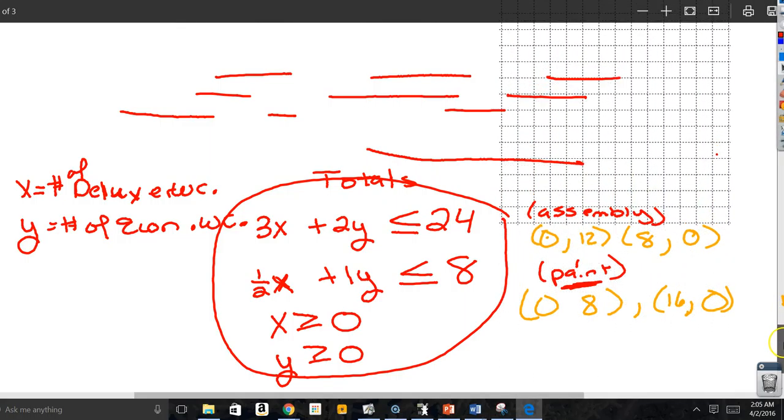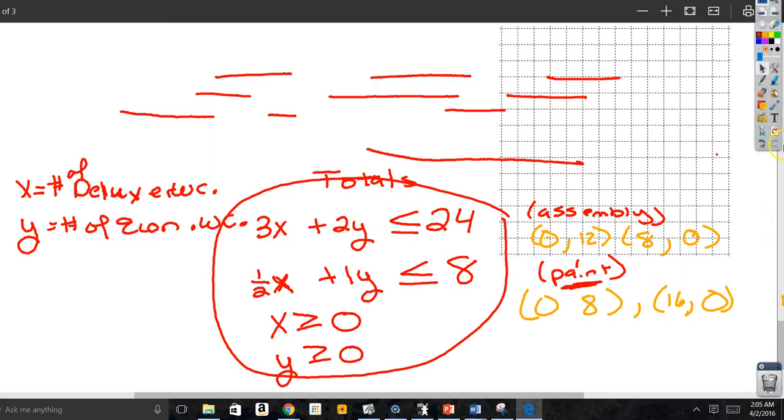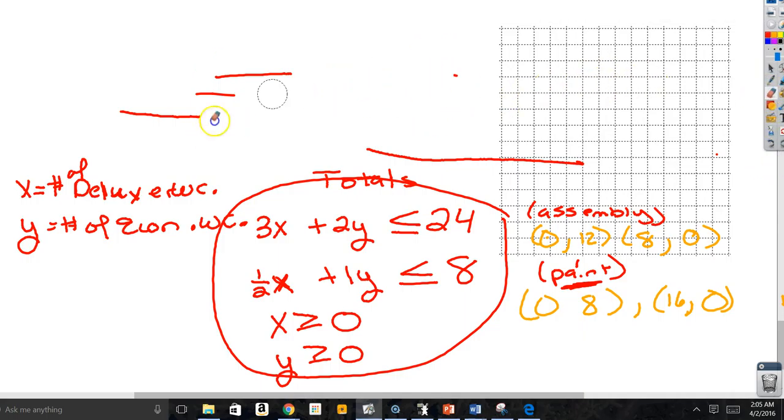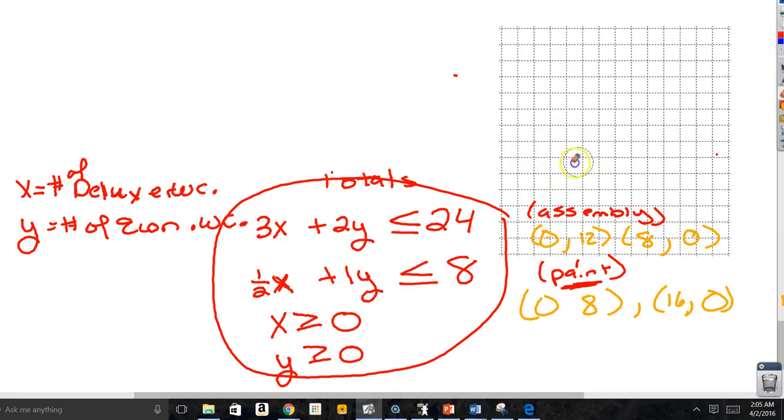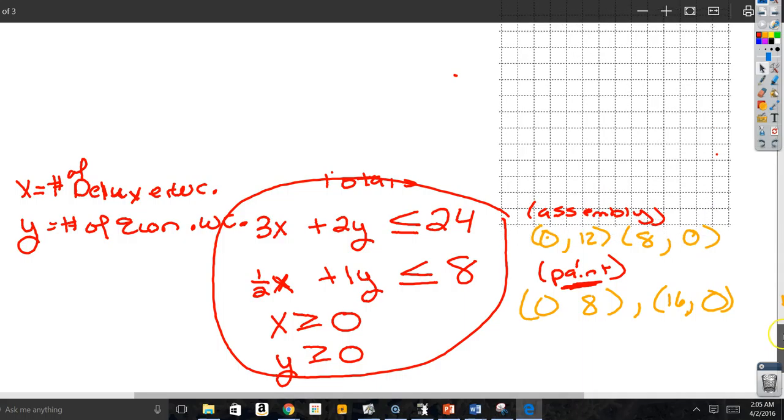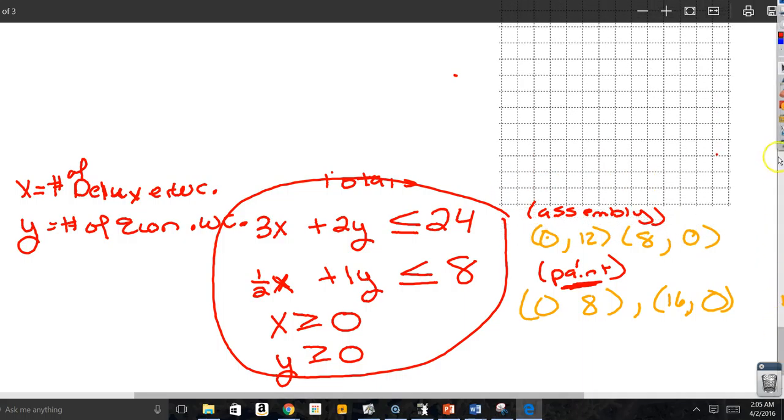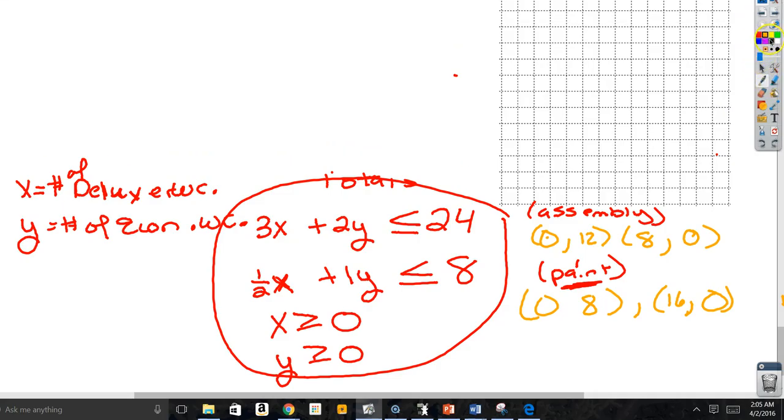So we're going to get rid of some of these markings. So the first thing that I'm going to graph is X is equal to 0.